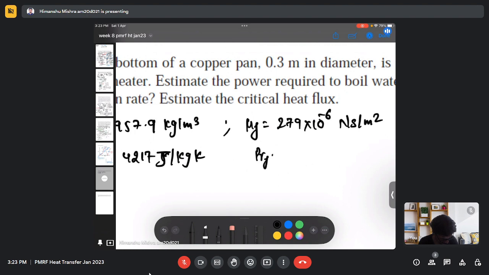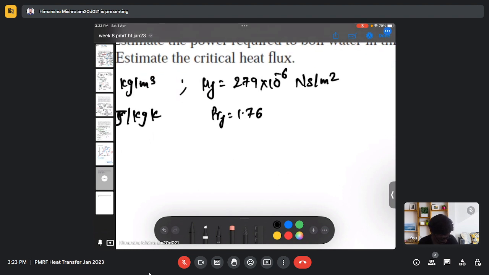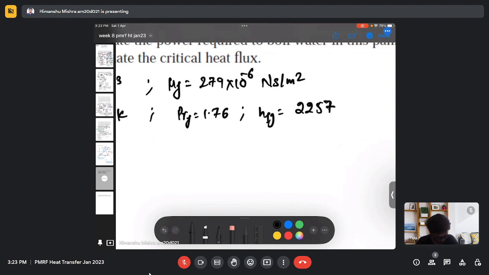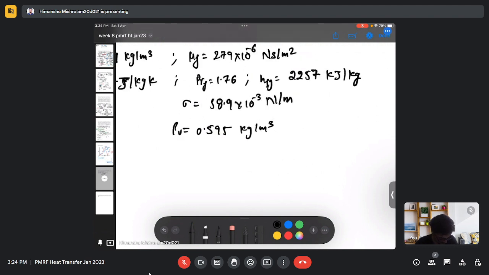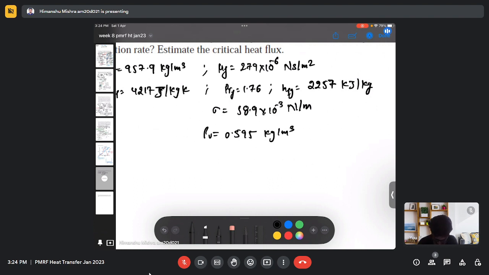My Prandtl number of fluid is 1.76. My latent heat is 2257 kilojoule per kg. Surface tension is 58.9 times 10 to the power minus 3 Newton per meter. And my density of vapor is 0.595 kg per meter cube. So these are some of my properties here.